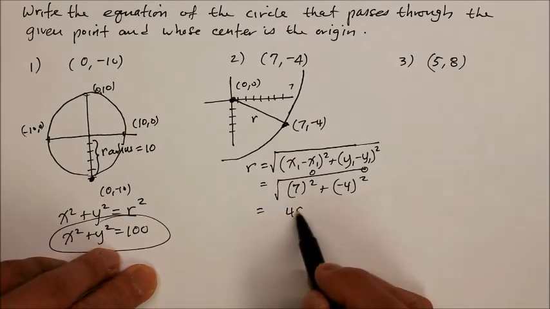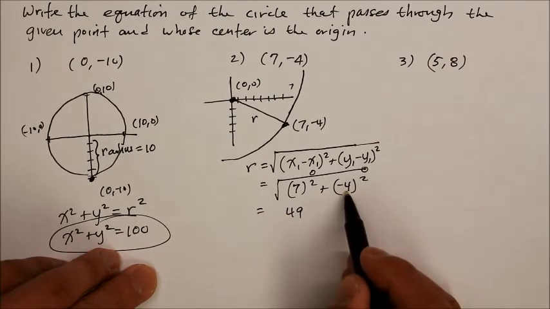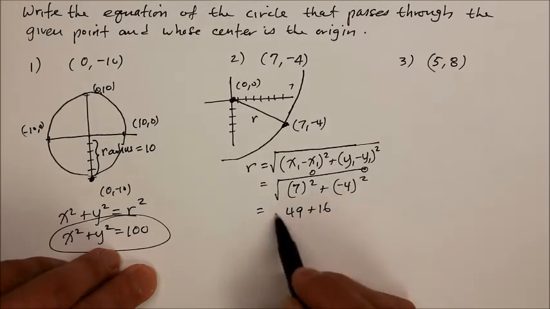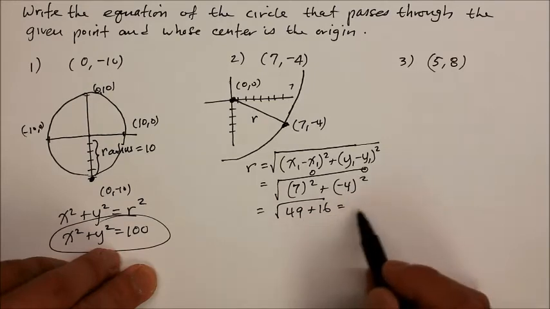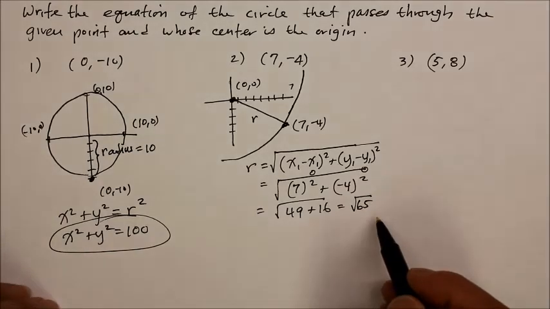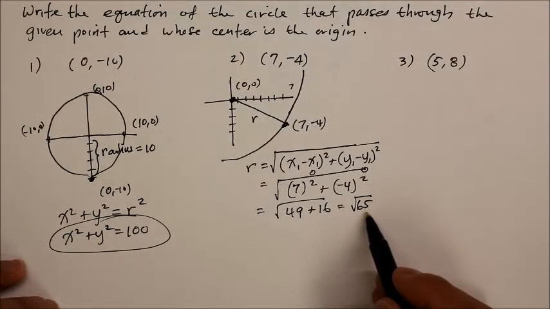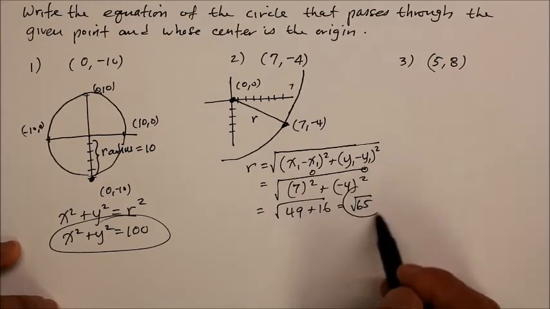So you get 49. Negative 4 times negative 4 is positive 16. So square root of 49 plus 16 is square root of 65, what is that, 5 and 13, I guess. And that doesn't simplify any further. So the radius is square root of 65.